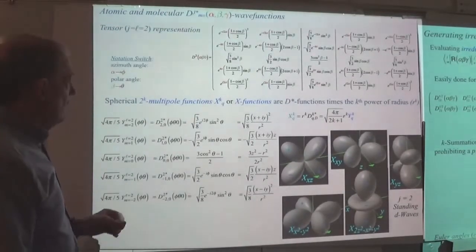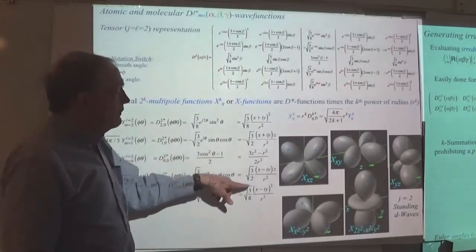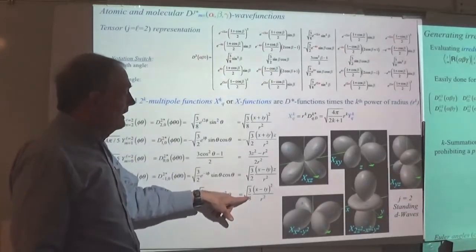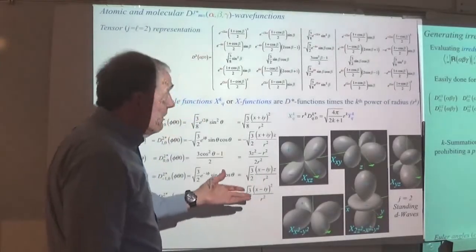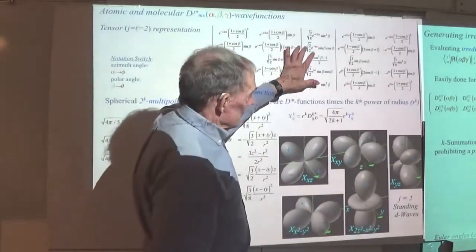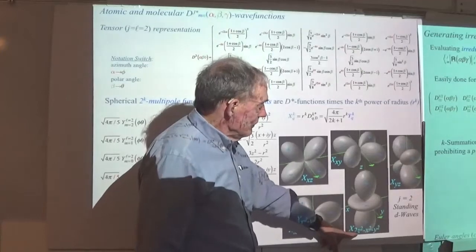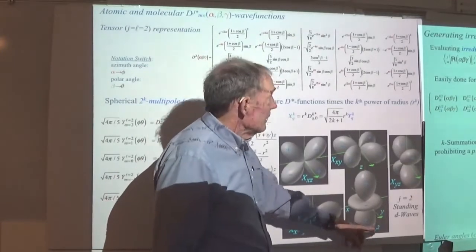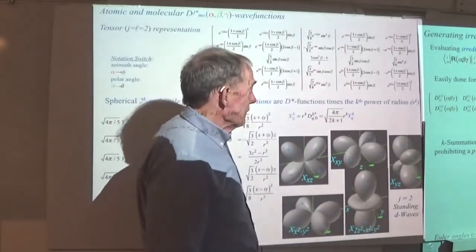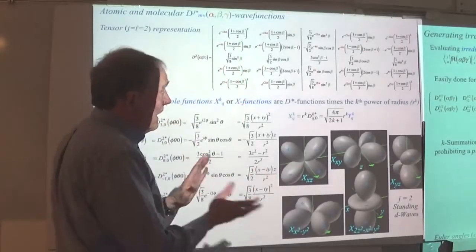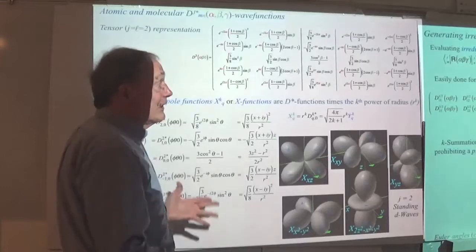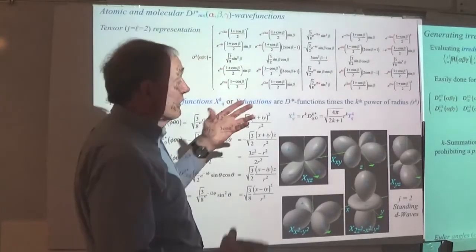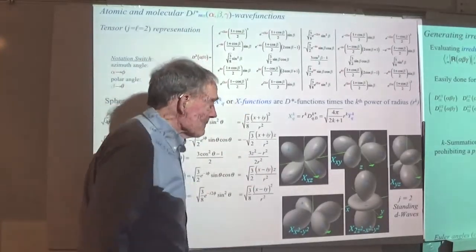But in any way, the rewriting of these in terms of x and y and z is this. The Legendre polynomial, easy. 2z squared minus x squared minus y squared is what that works out to be. And we're going to go through that when we make a Hamiltonian out of these functions. That's the other purpose of the D function, is to give us a Hamiltonian.